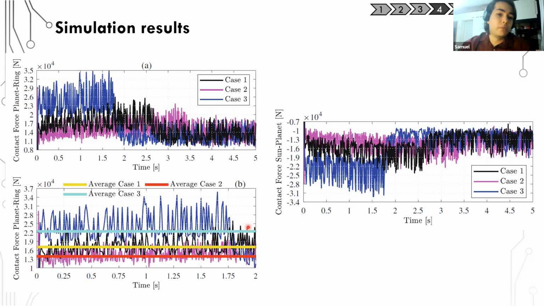That causes an increase of around 34.1% of the meshing forces when compared to the baseline configuration, which is in yellow. So the third case is in cyan. A similar characteristic can also be noticed in the meshing force profile for the contact of the sun and planet of the second planetary, very similar to the planet and ring contact we saw.